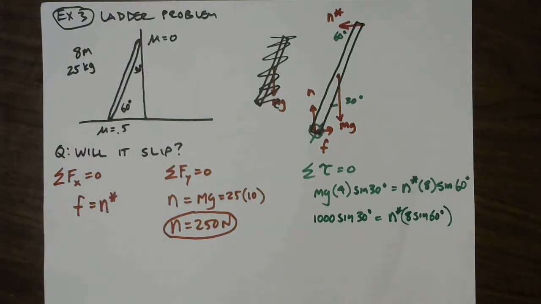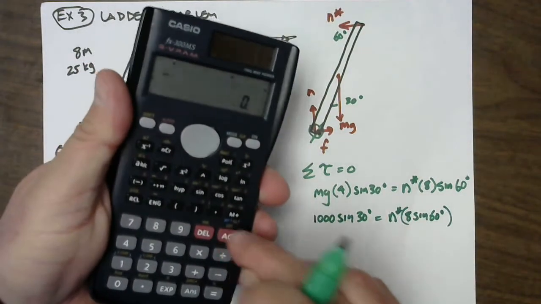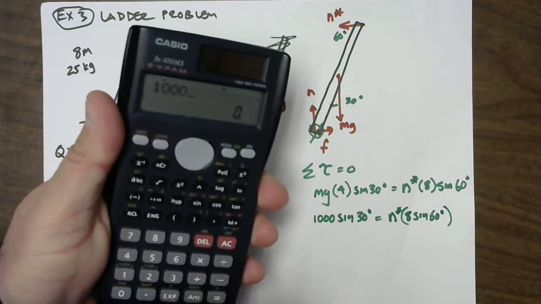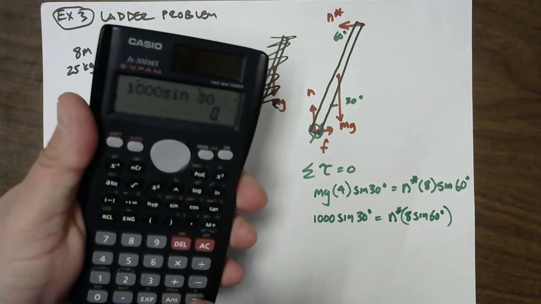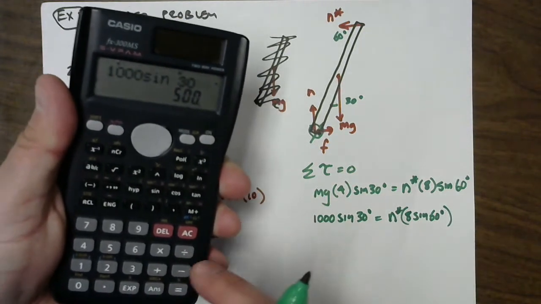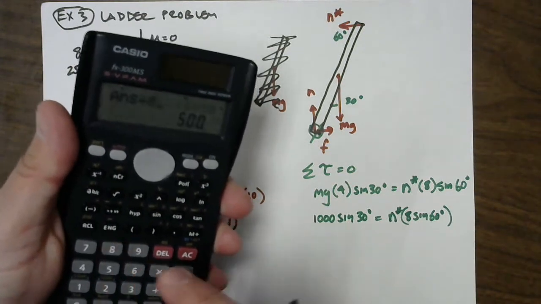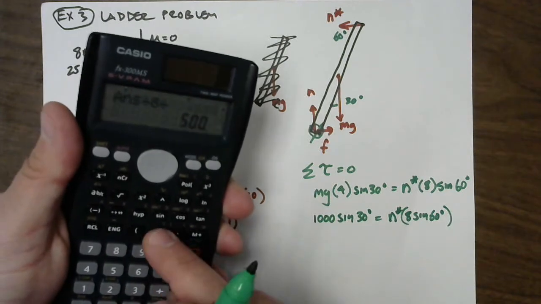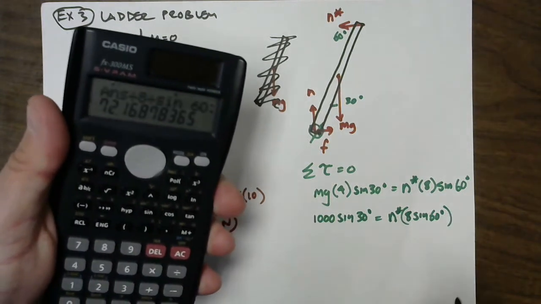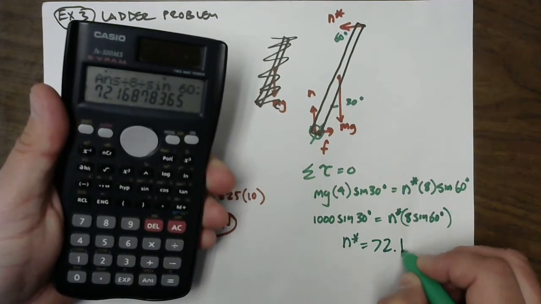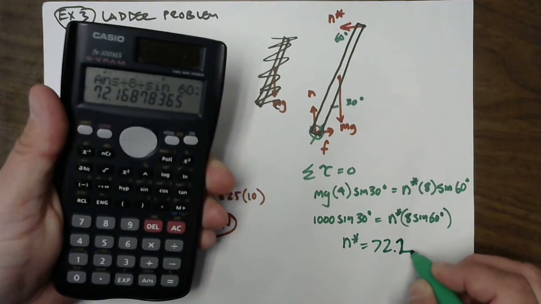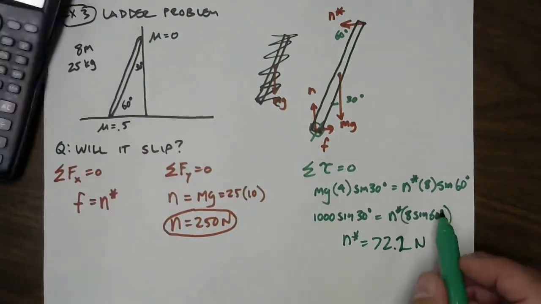So our math is going to be 1,000 sine 30, and that's 500. Of course, it's 500 divided by 8 and divided by sine of 60, and that's going to be N star is 72.1. Okay, 72.2 newtons.